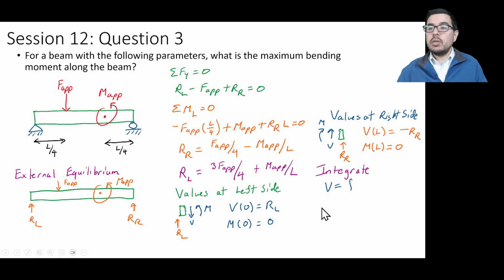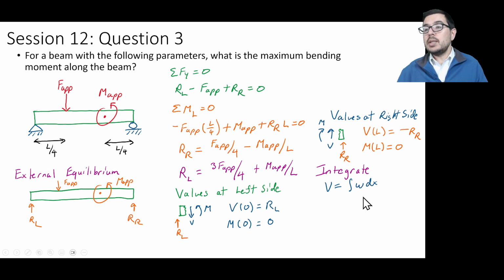We see that the shear force is equal to the integral of w dx. This is actually an equilibrium-based equation, and not a constitutive-based relationship. We see that there's no distributed force applied here.